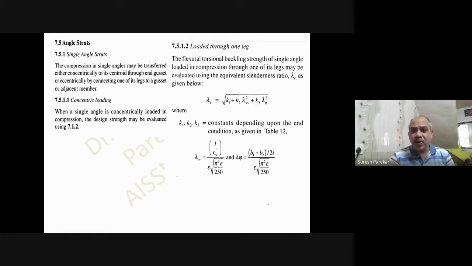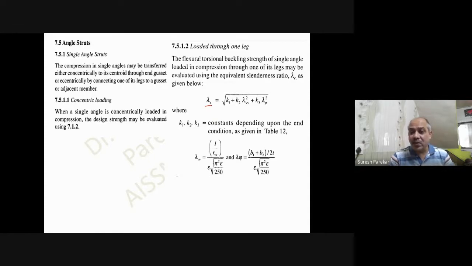Now, if it is loaded through one leg, and generally we apply the load through one leg only, we connect one leg only, in that case we have to find out lambda E. Already when we were with clause number 7.1.2, we considered that this lambda should be replaced by lambda E.